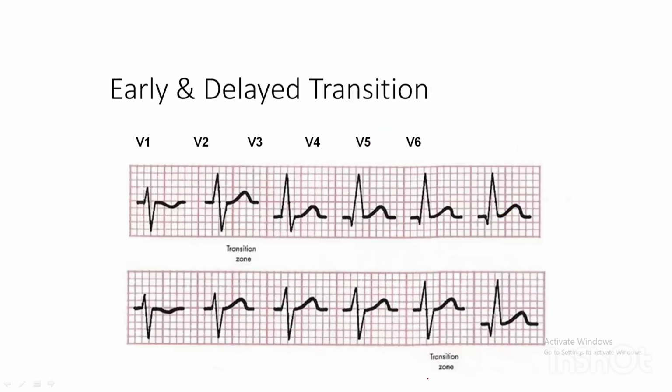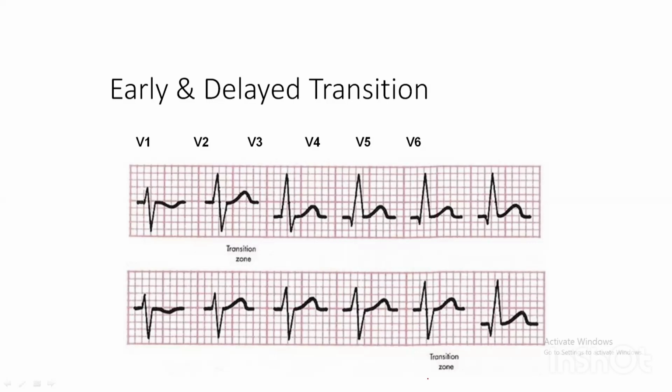Early and delayed transition: we can have transition of the R wave from V1 to V6 at V3 or V4 or V6. Here in the topmost picture, we see transition occurring at V2 and V3. But in the lower picture, we are seeing transition occurring at V6 itself, because in V6 in the lower picture, we have the same amplitude of R and S wave.